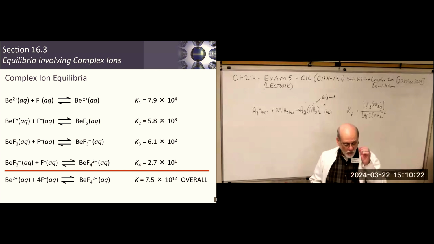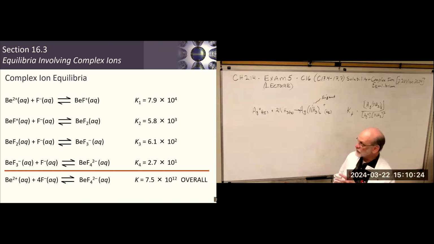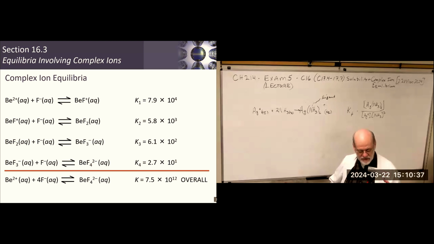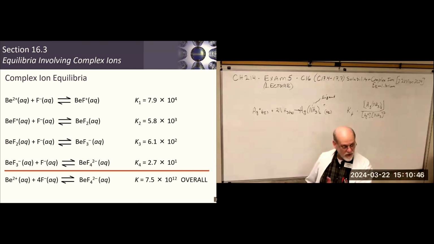Anyway, when the complex ion is forming here, where the beryllium 2+ ion is taking on ligands of fluoride, it goes through a sequence of additions. So the first fluoride addition has a K value of 7.9 times 10 to the 4th. What that tells you is the equilibrium is way to the right. Then we take that one and add another fluoride.